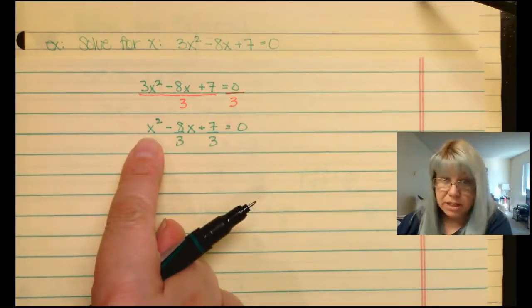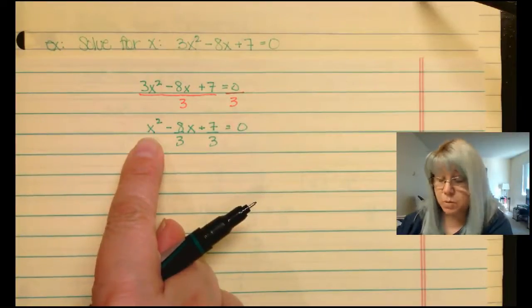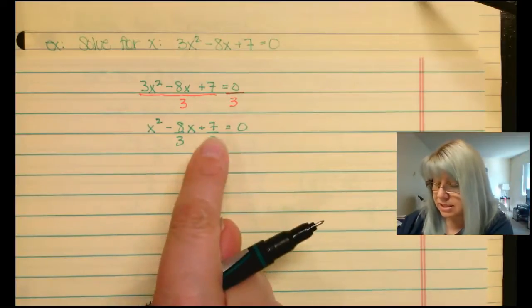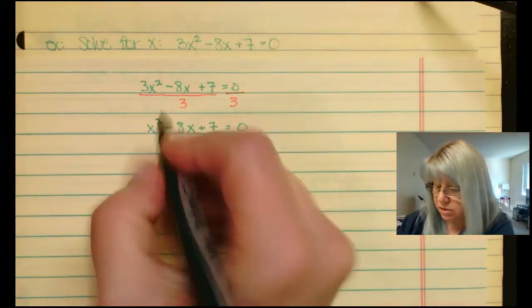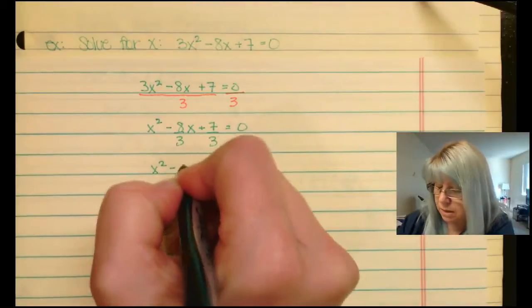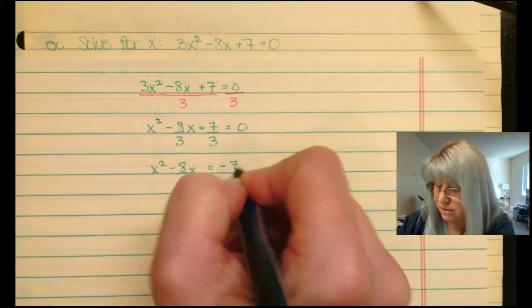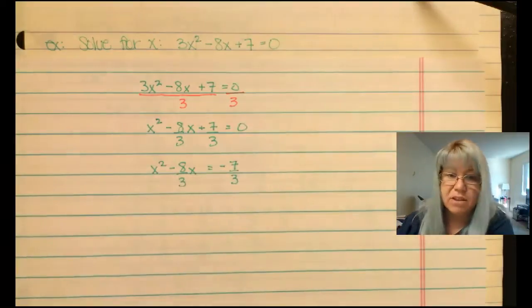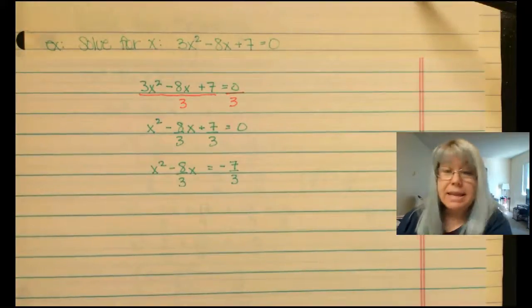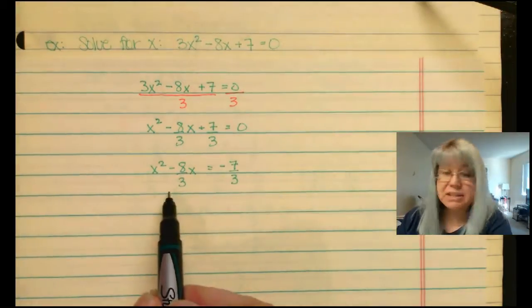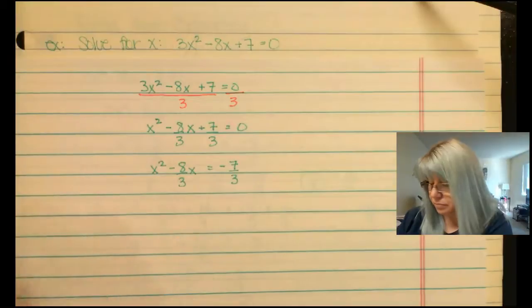Now I'm going to continue with the rest of the procedure. First things first, let's get this 7/3 over to the other side. X squared minus 8/3 x equals negative 7/3 by subtracting 7/3 from both sides. Now I have to find what value will make my left-hand side a perfect square.